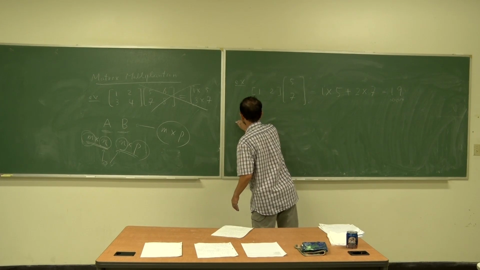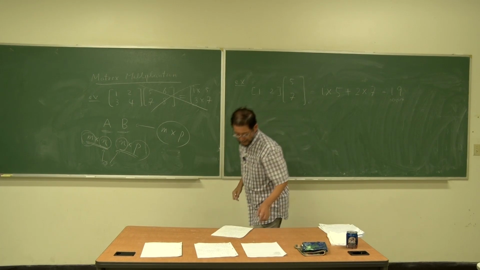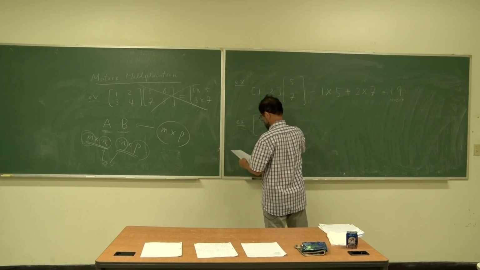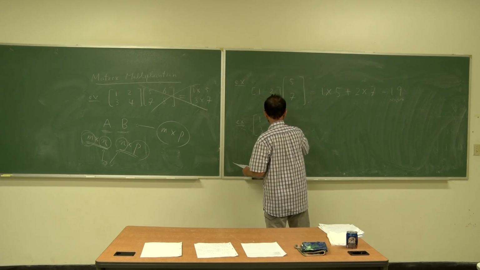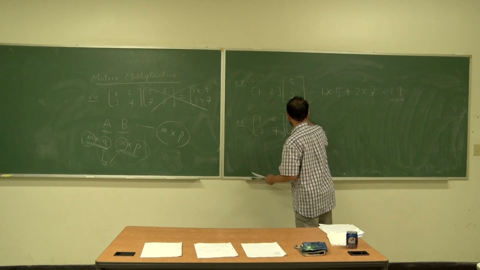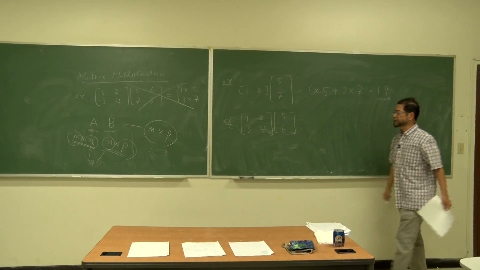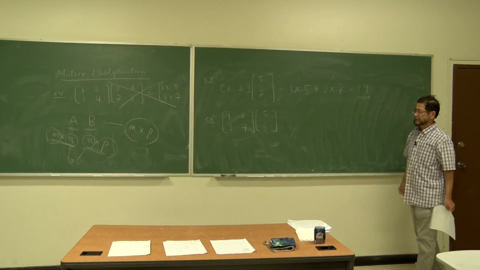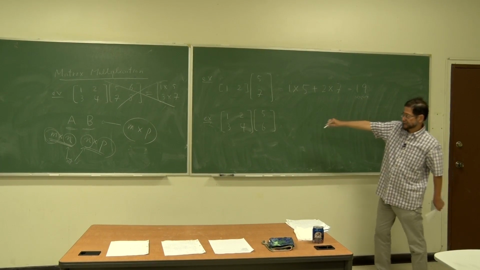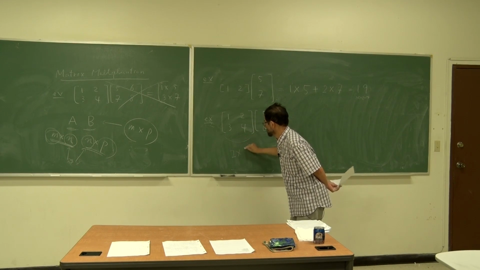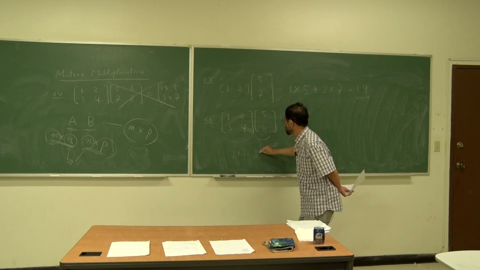Now let's look at a more complicated example. 1, 2, 3, 4 times 5, 6. You always have to check the size first. This is a 2 by 2 matrix, and this is 2 by 1.